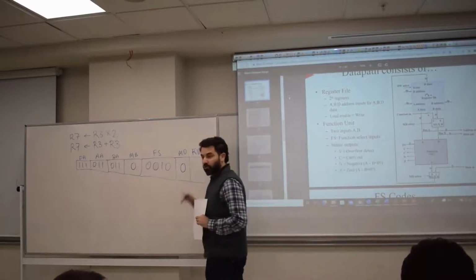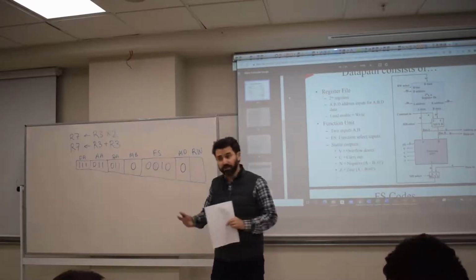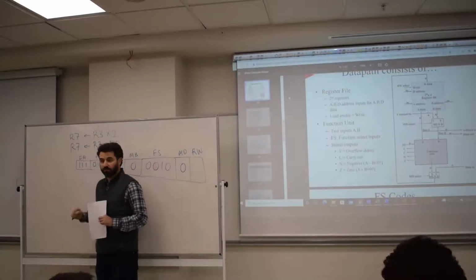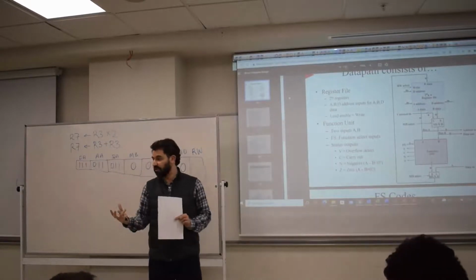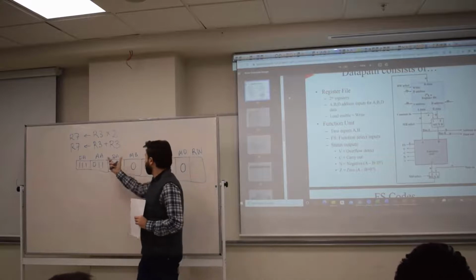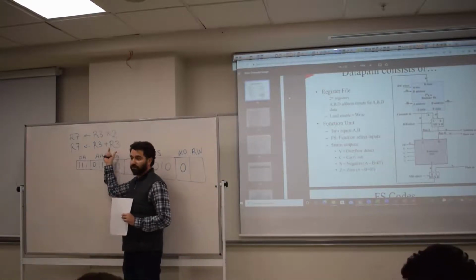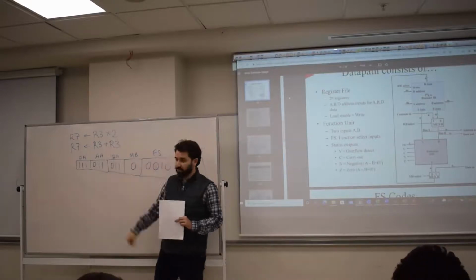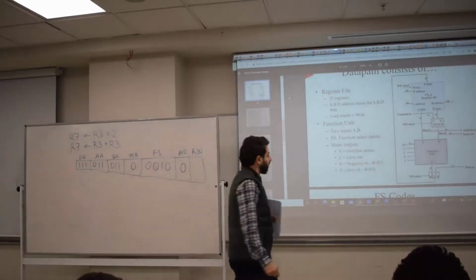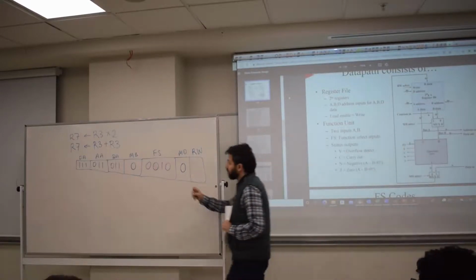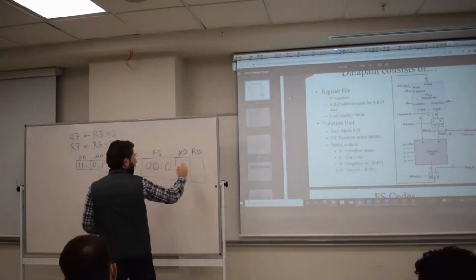Okay, finally, do I write something to the register file? Yes, I do. And in fact, the 7th register is written. Okay, what is written? The written value is the value that is calculated based on the contents of the R3. Okay, actually multiple times in this case. So this is written back to the register file, the corresponding register R7, so I have to enable it.